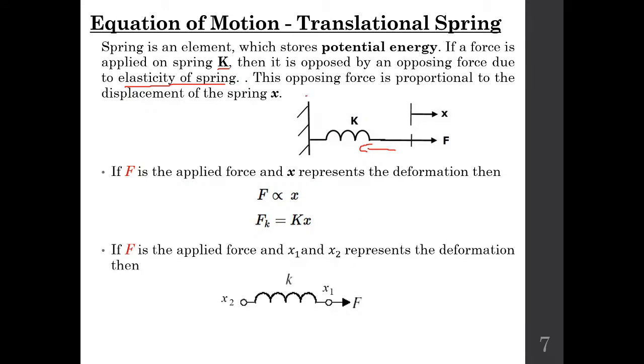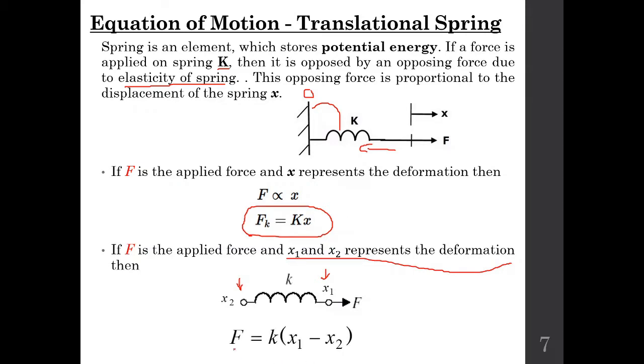Now here we have attached the spring to a wall and taken this position as 0. But if we assume that x1 and x2 are the deformation in the spring position, that is, the spring is attached between this point x2 and this point x1, then how are we going to estimate the equation of motion for the spring?